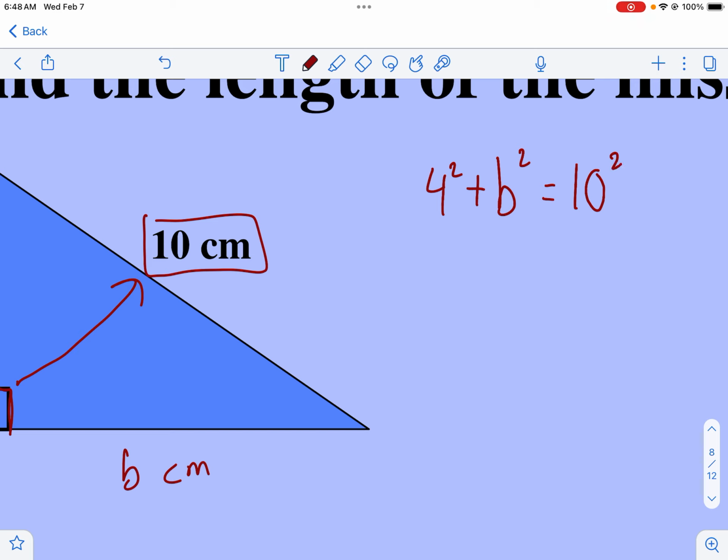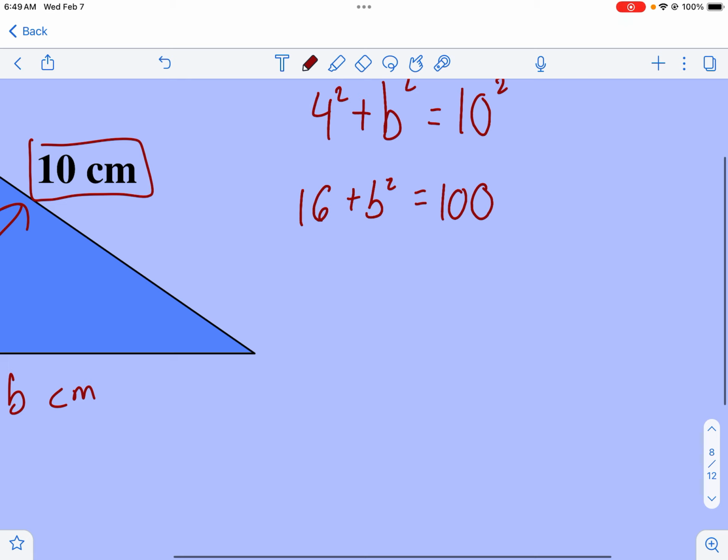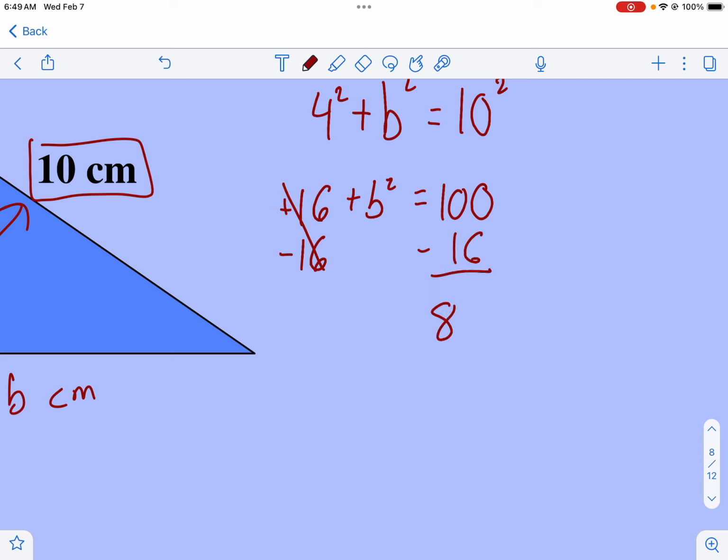Okay, so now I'm going to simplify my squares on the integers. 4 squared plus b squared equals 10 squared, which is 100. And then I'm going to combine my like terms across the equal sign, which means I need to do the opposite operation. So minus 16, 100 minus 16 gives me 84 equals b squared.